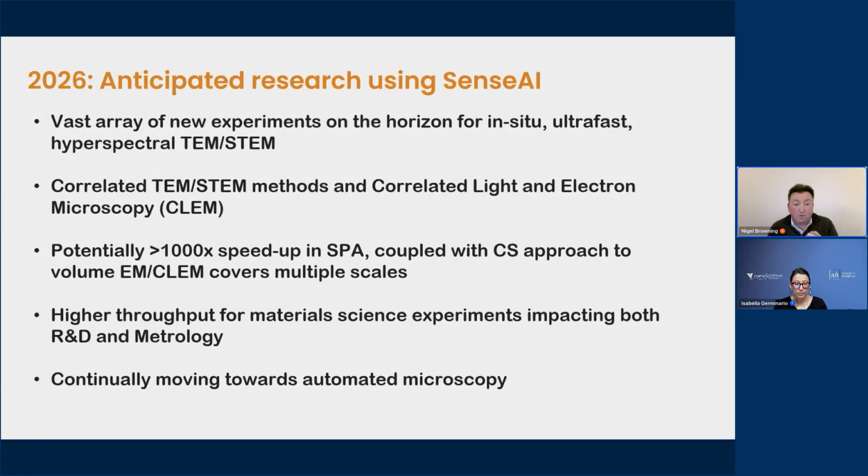I'll talk a little bit more about this in my last slide, but potentially we can use 4D STEM to do single particle analysis. And if we combine the single particle analysis in the STEM at the highest resolution, so you're basically doing cryo-electron tomography, then you can also link that through to what you're going to do in the volume SEM and cover multiple length scales in that approach.